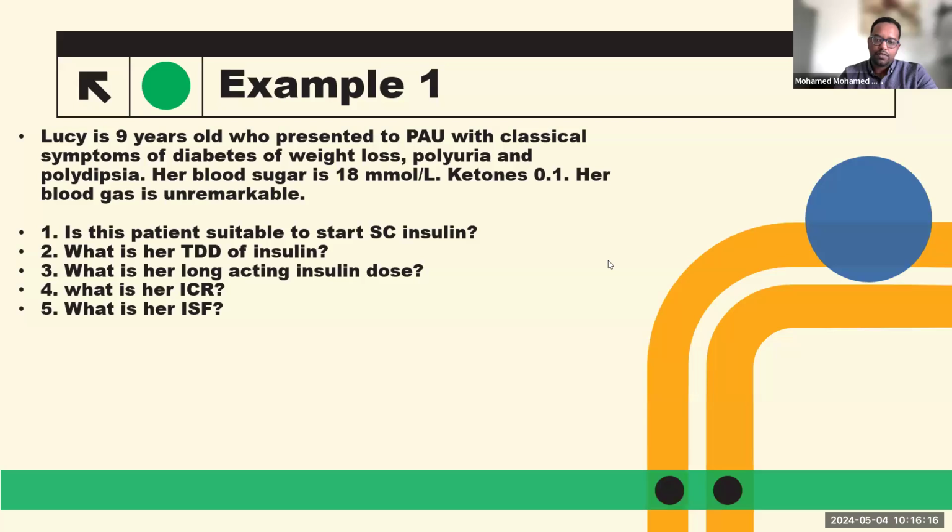Yeah, so we're having very good response. So yeah, some people have already replied. Thank you for those who are replying. Thank you very much. So yeah, her total daily dose is 15, and her long acting 7.5, and then come to her ICR and ISF.